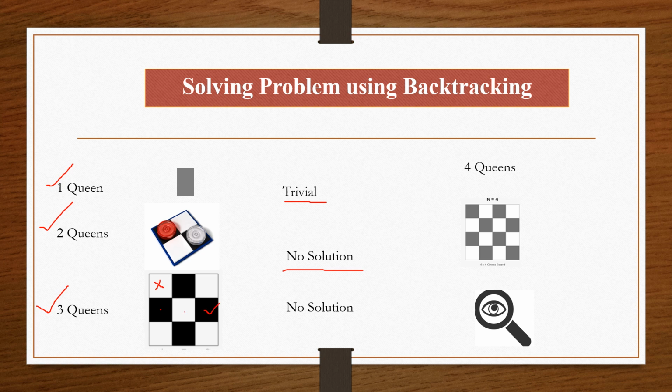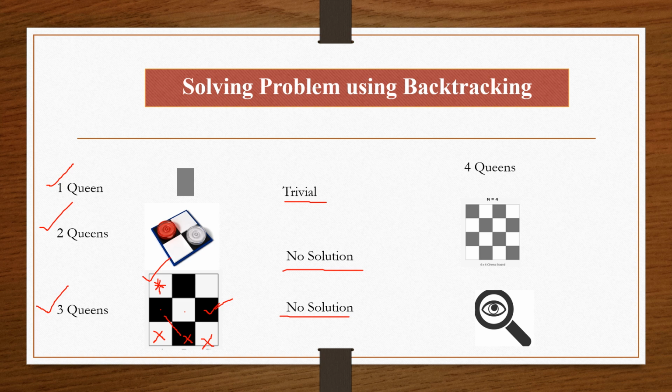But the third queen: same column, so it can't be placed. Here diagonal clash, so it can't be placed. Here column clash, so it can't be placed. So only two queens can be placed, three queens cannot be placed. That is the reason that for three queens also we don't have a solution.